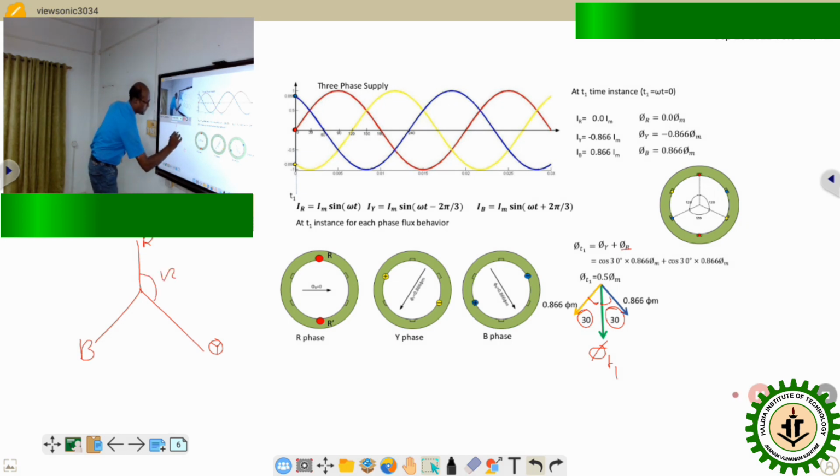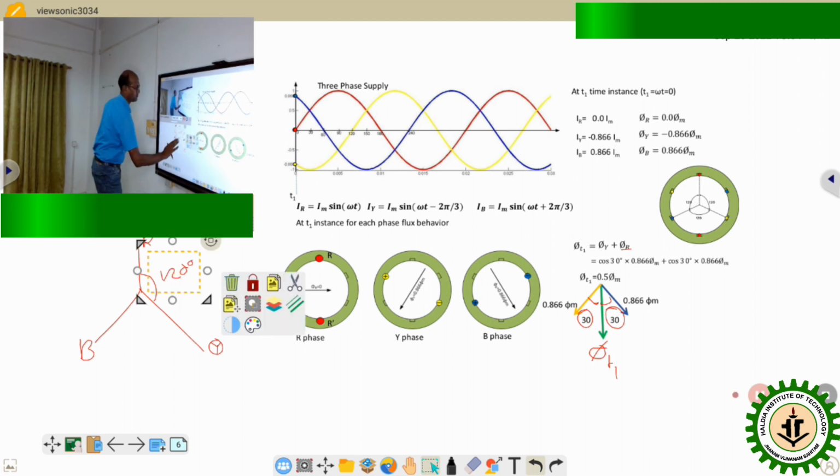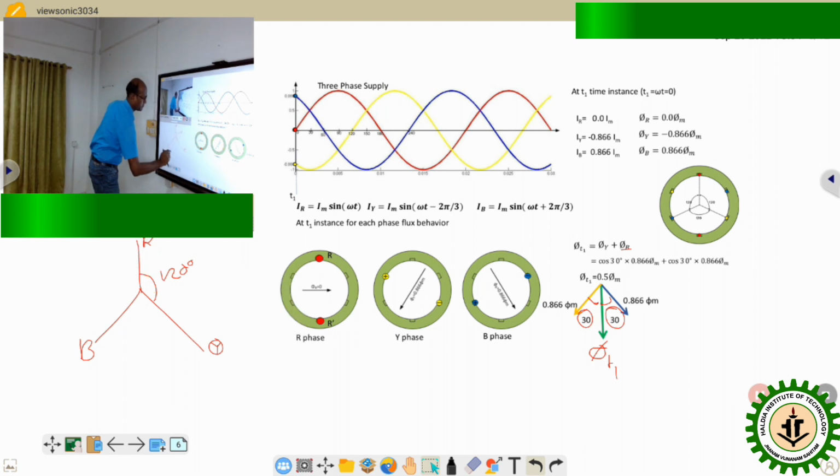They are 120 degree apart. R phase with respect to the Y phase is 120 degree apart.